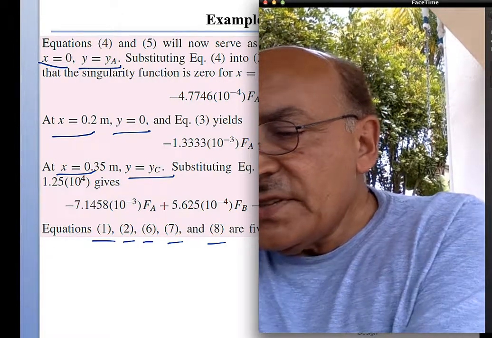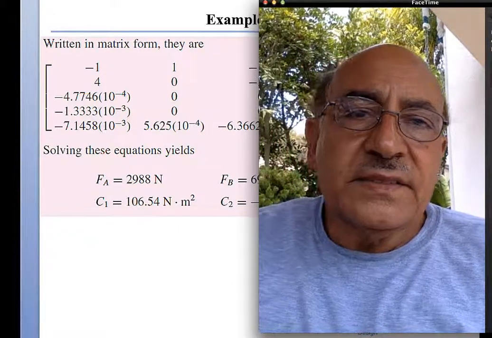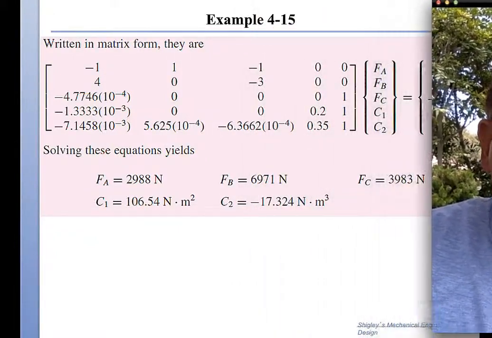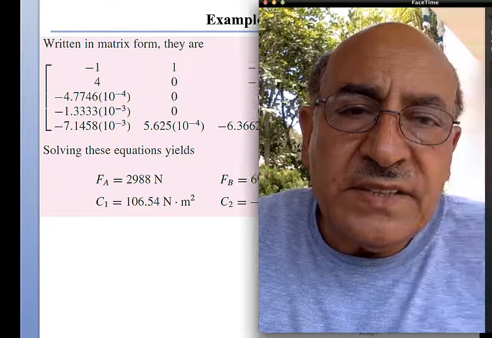If you look at it this way, your matrix times the 5 unknowns equals the known values, and solving gives FA 2988, FB 6971, FC 3983 Newtons, and also the 2 unknowns from the integration.